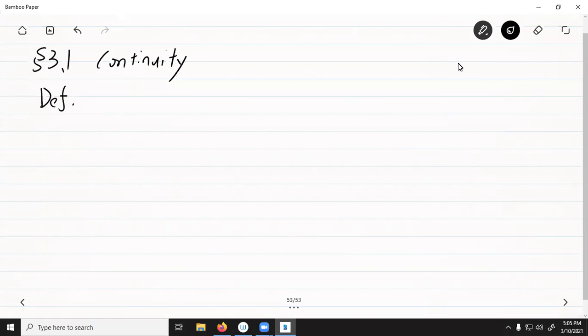We say a function f, which is from its domain D, where D is a set of real numbers, D to R. D is called the domain of this function f.